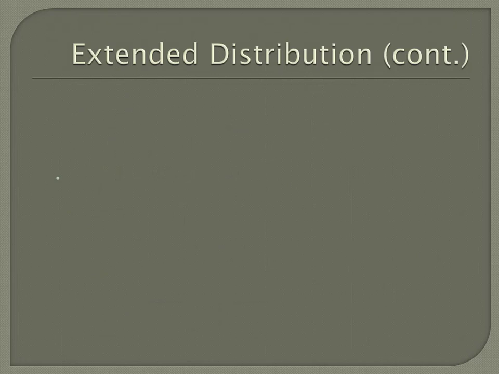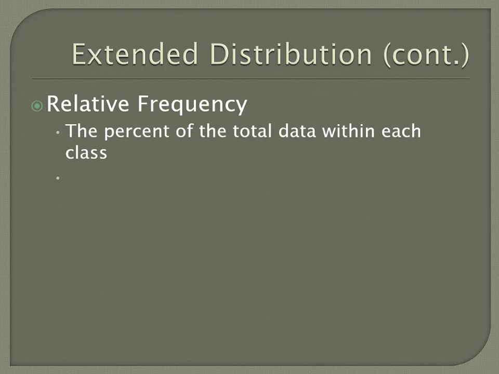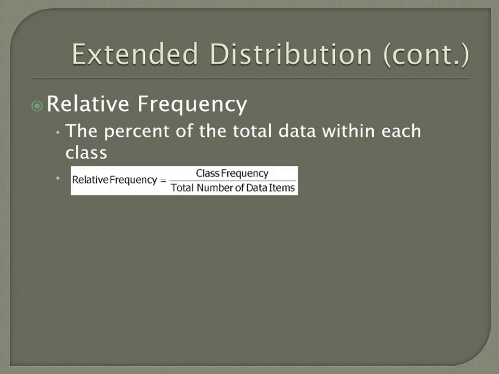Other things in an extended frequency distribution: relative frequency. And relative frequency is just the percent of the total data within each class. So to do relative frequency, just take the individual class frequency divided by the total number of data items.